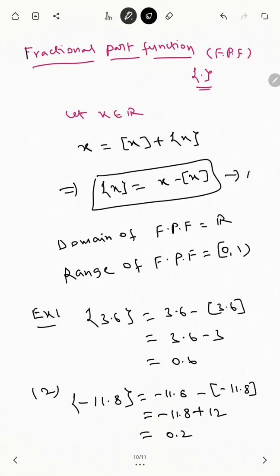The integer part of 21 is 21, so we are getting 21 minus 21, 0. So the fractional part of 21 is 0. Similarly, the fractional part of any integer is 0 itself.